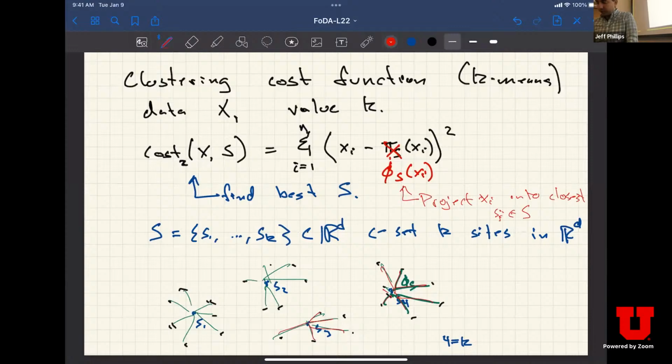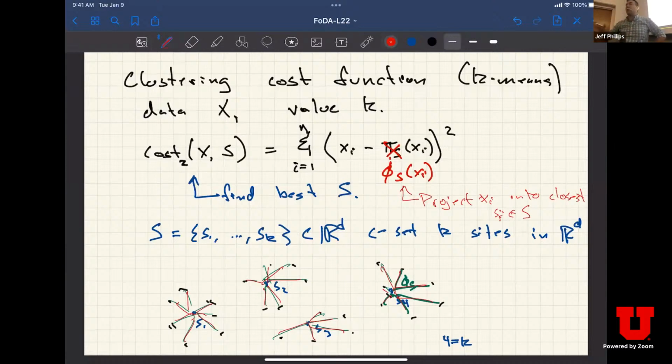I want to project all the data points onto the closest site. Very similar to what we did with dimensionality reduction, except that was projection onto a line. We could solve that with a dot product. We can't just solve this with the dot product. It's not a linear thing here, and so that's going to make this a lot harder to solve and work with.